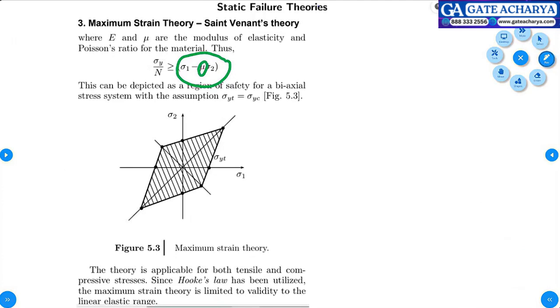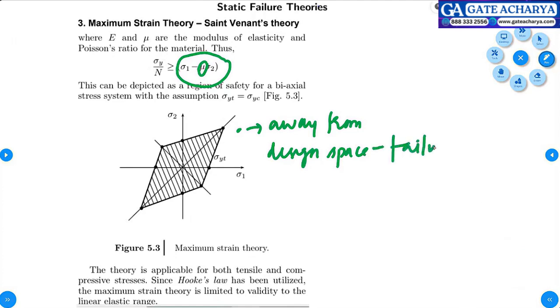Your loading should come exactly within this rhombus region. Anything beyond this, say for example this point, away from the design space, will lead to failure. Okay, next one.